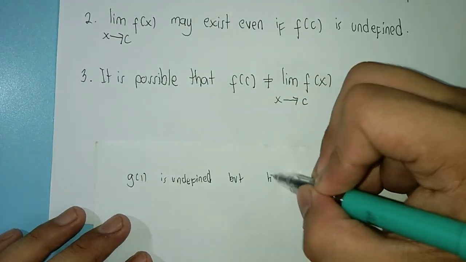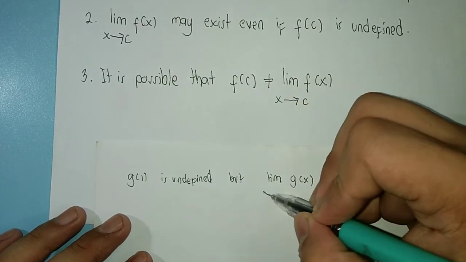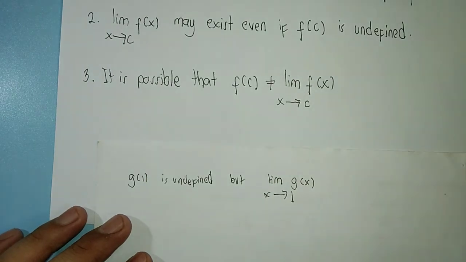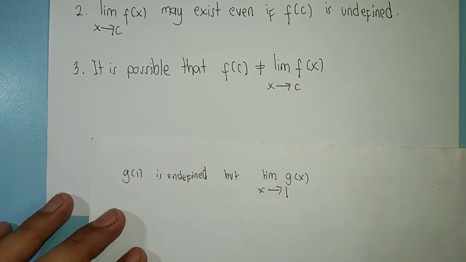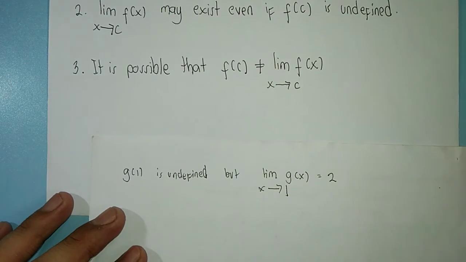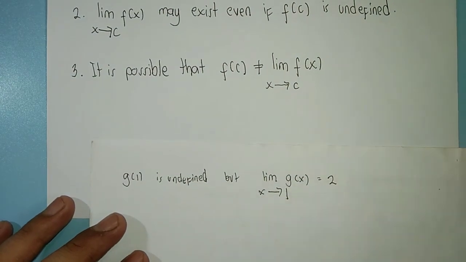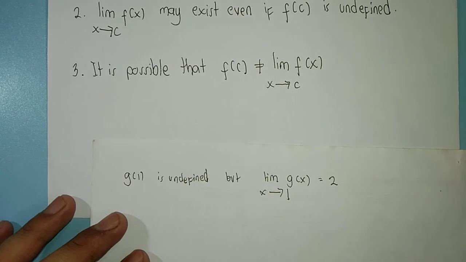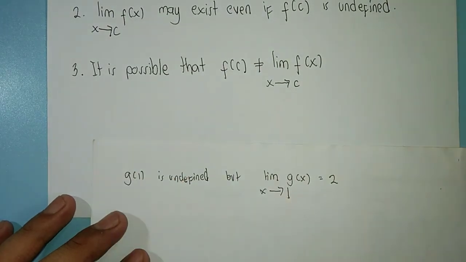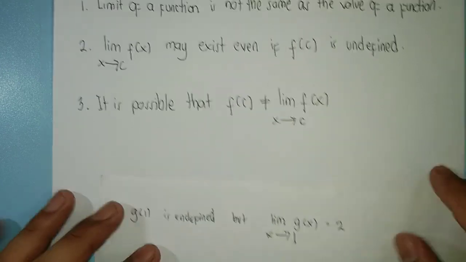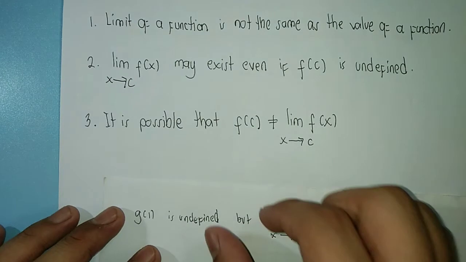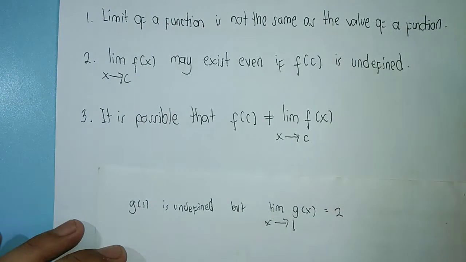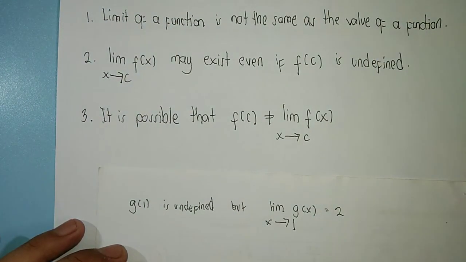But, kung kukunin natin yung limit ng g of x as x approaches 1, so kanina tinignan natin yung behavior ng g of x kapag yung values ng x nag-a-approach sa 1, at ang nakita natin yung values ng g of x saan nag-a-approach sa 2. Okay? So, meron siyang limit. Nag-e-exist yung limit niya. Pero, yung value ng function niya at x equals 1, undefined. So, yun yung sinasabi ng number 2. And at the same time, ito yung patunay na magkaiba yung limit of a function dito sa value of a function. Okay?